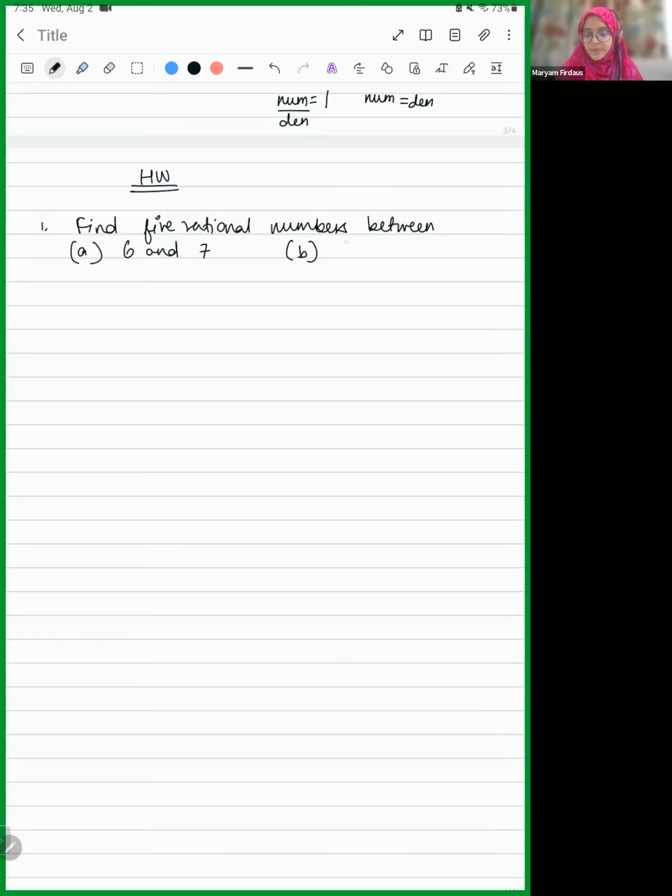And between 6 by 8 and 7 by 8. 4 by 9 and 5 by 9. 12 by 15 and 13 by 15. You have to find 5 rational numbers between these. This is your homework for the first chapter. All right.